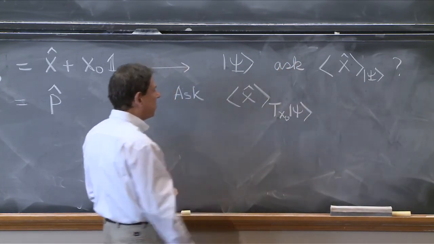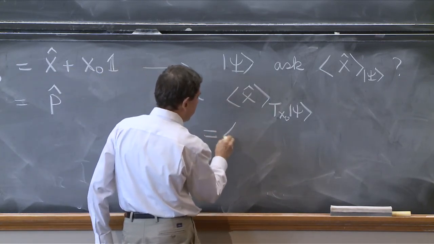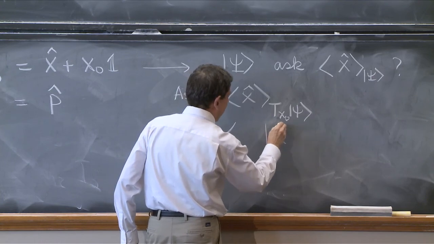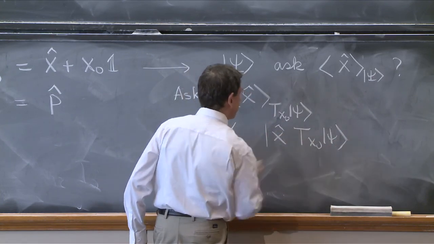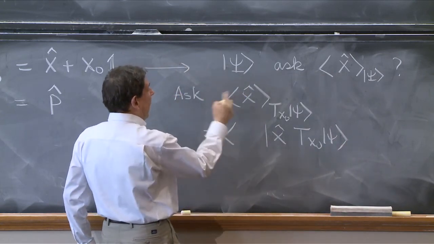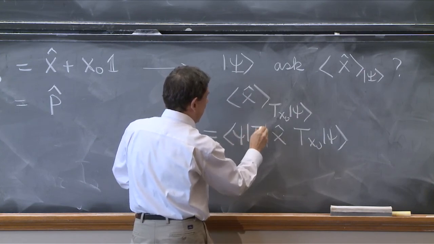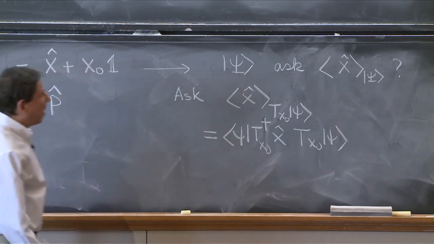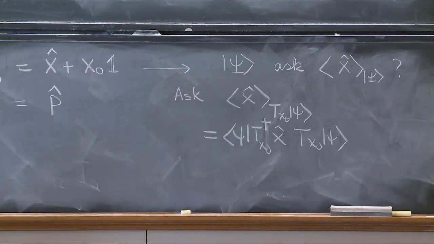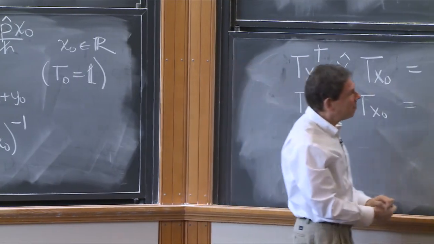How does it look? Well, this expectation value would be the expectation value of x on T(x0) psi, and the bra would be psi T(x0) dagger. So actually, that expectation value builds precisely this combination, and that's why it's meaningful.